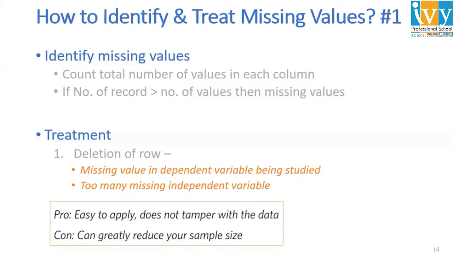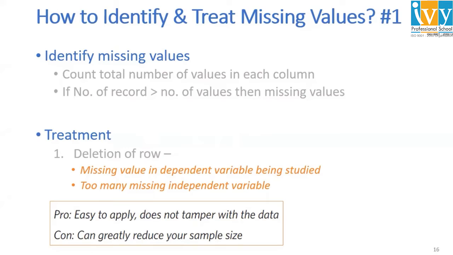So what we have seen is that the treatment can be deletion of rows if more than 30% of the records are not there, or 50% in case of columns, because we don't have the data to work on. So we can delete it. The pro is that it's easy to apply and does not tamper with the data. The con is that it can greatly reduce the size of the data on which we'll work.